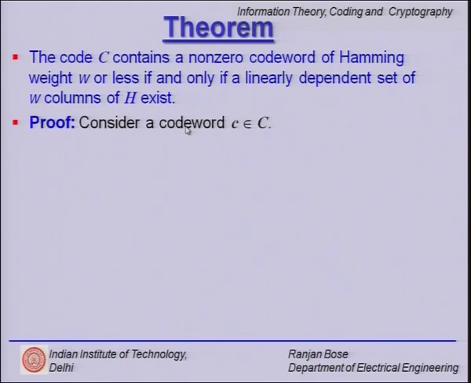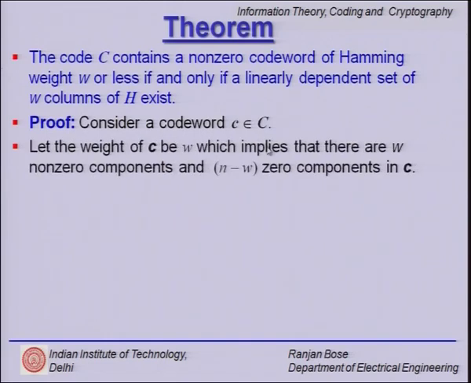What we do is consider any code word C belonging to the set capital C, and then let the weight of this code word C be W, which implies that there are W non-zero components, and clearly the length of this vector is n because it is a linear block code of block length n. Consequently, n minus W 0 components would exist in C. You partition it into the 0 components and non-zero components.